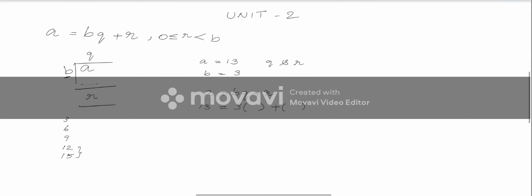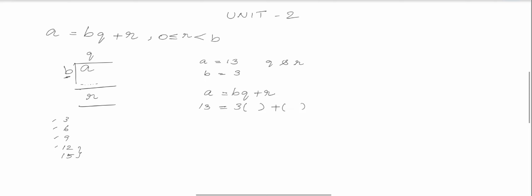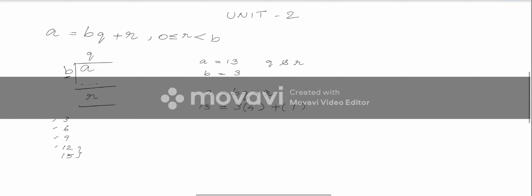So 4 threes are 12, and 12 plus 1 is 13. Now can you say that q is 4? The quotient is 4 and the remainder is 1.